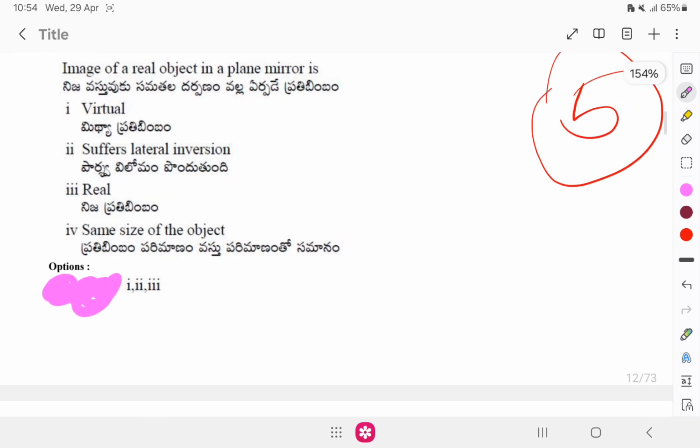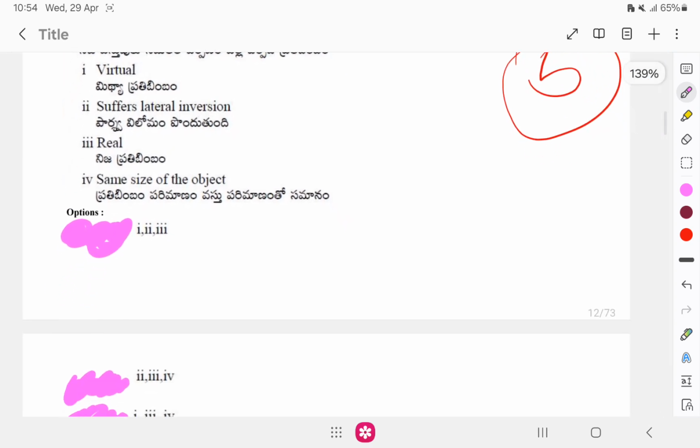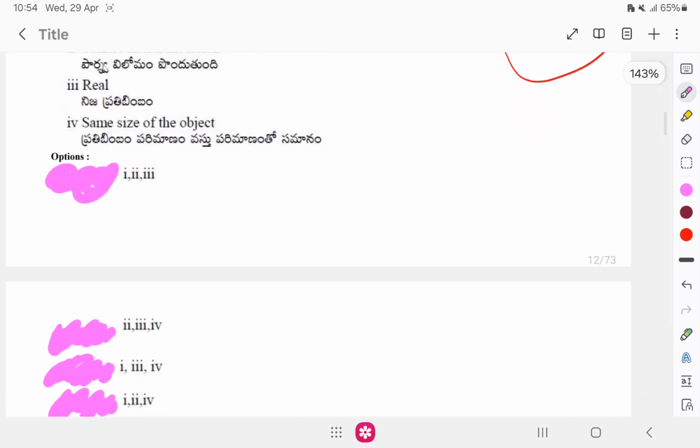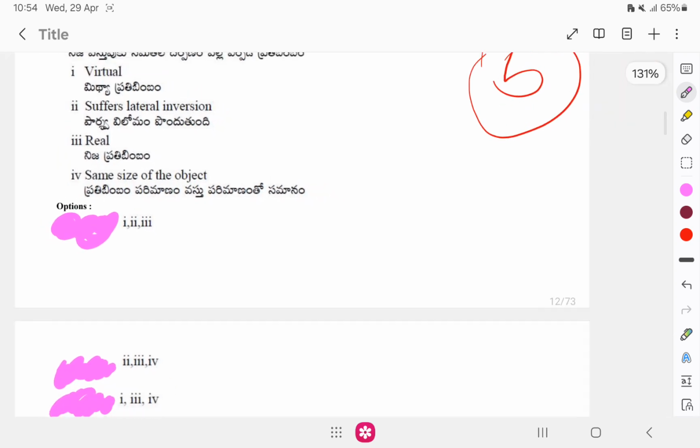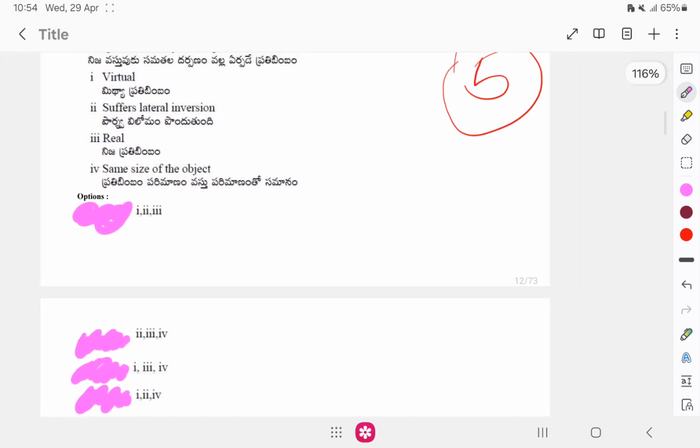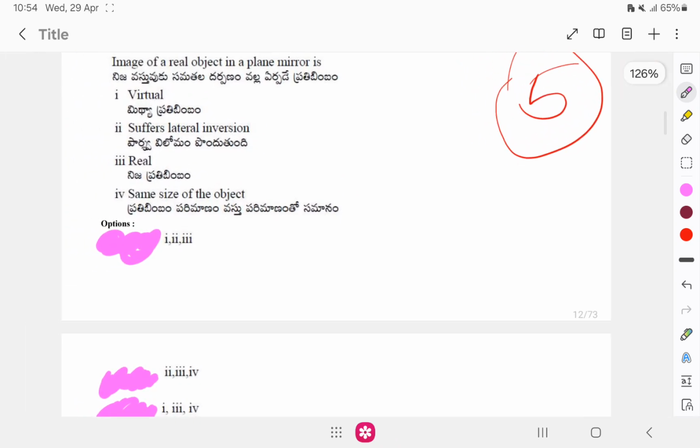They gave 4 options. Correct 3 options we have to choose. Okay, I am giving you 5 seconds. Virtual, suffers lateral inversion, real, same size of the object.